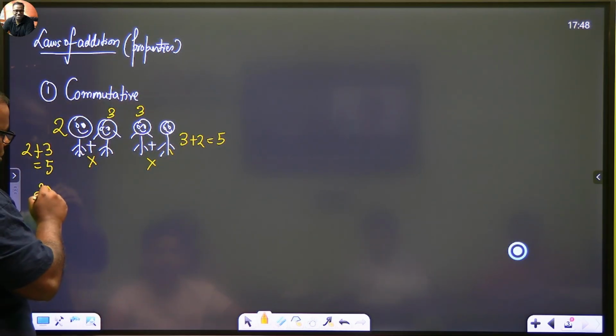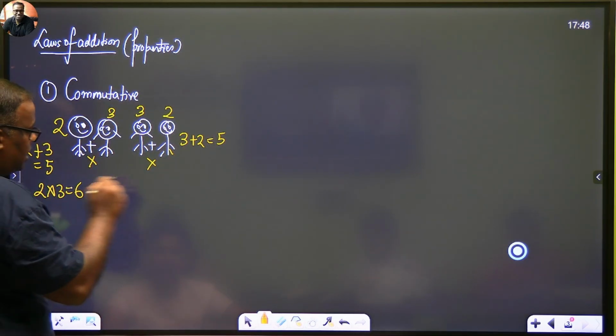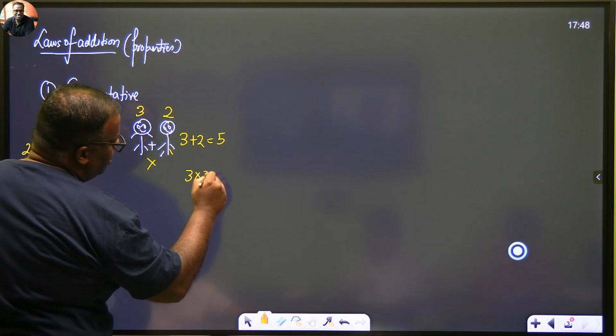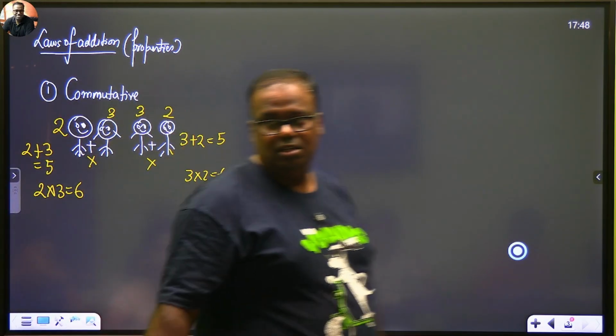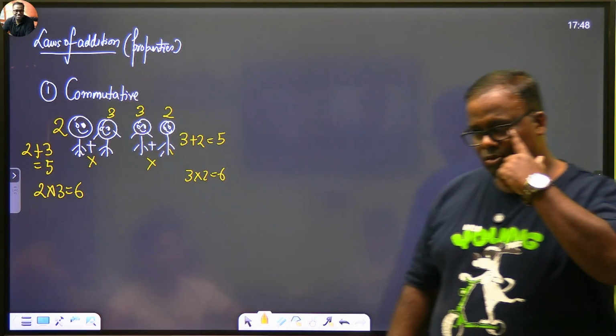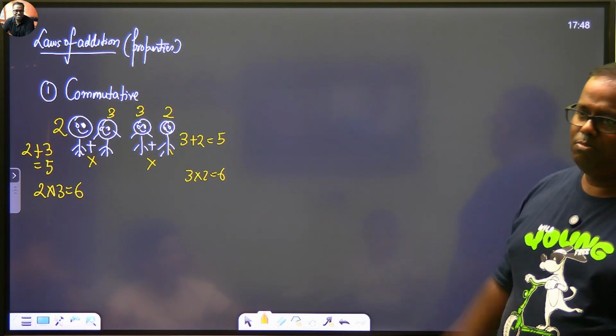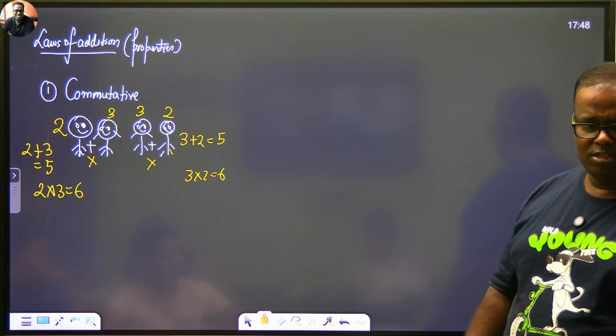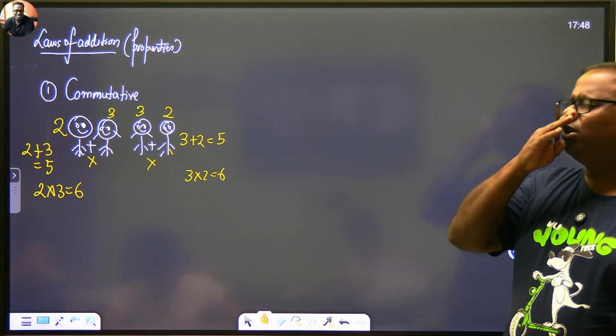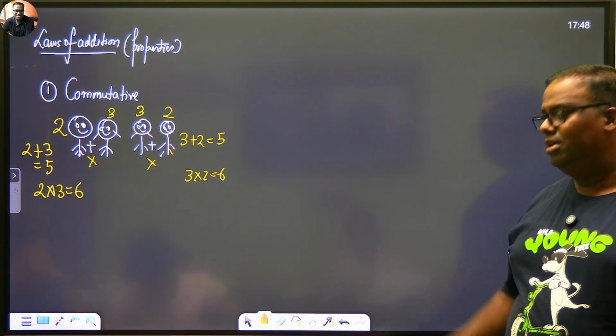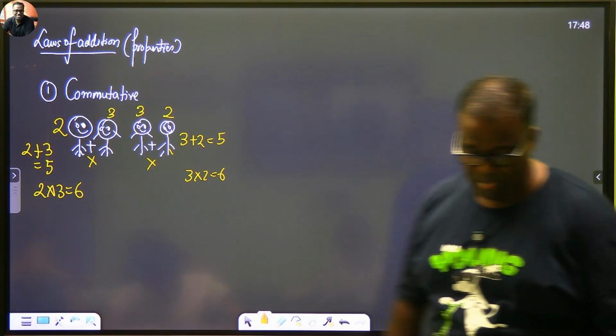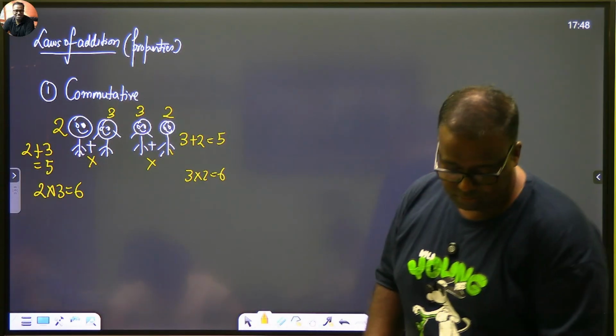If you do 2 into 3, I get a 6. If you do 3 into 2, I get a 6. I think it's absolutely clear now. What is commutative property? Ram and Shyam, Shyam and Ram. समझ में आया? इसी को लोग रटते रहते हैं, commutative property कुछ नहीं है, यही है थोड़ा सा. Okay.